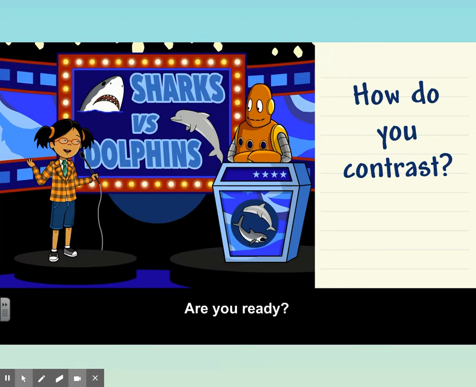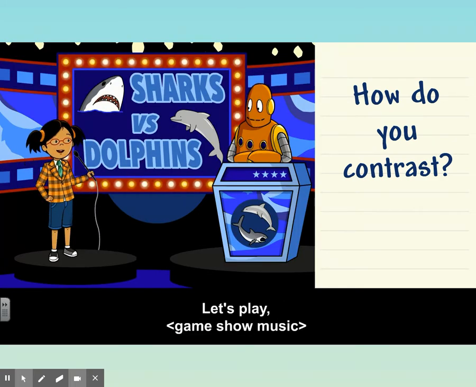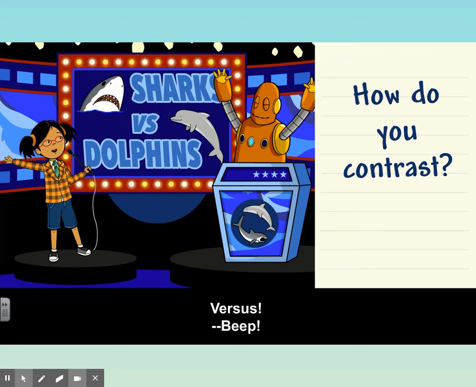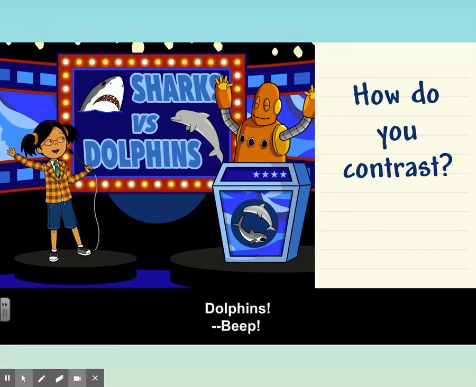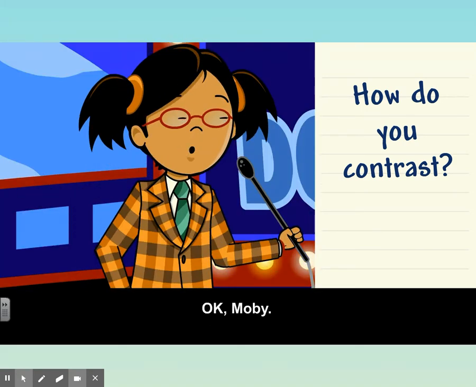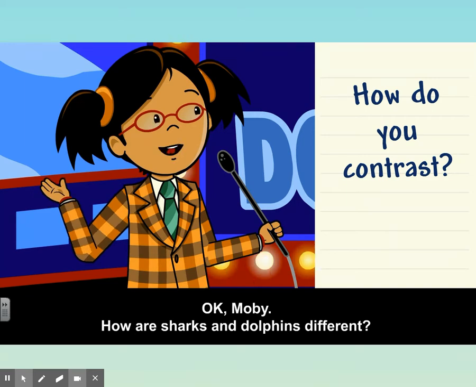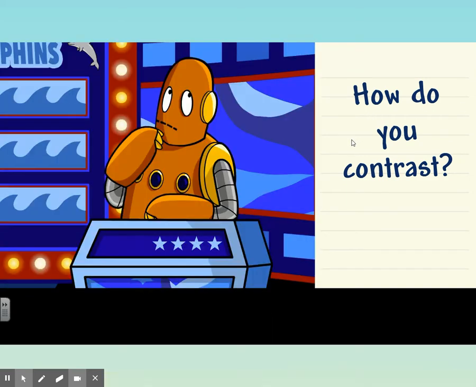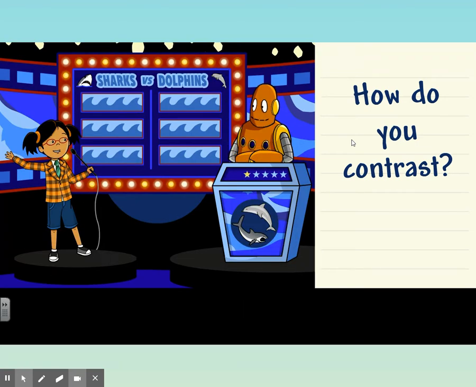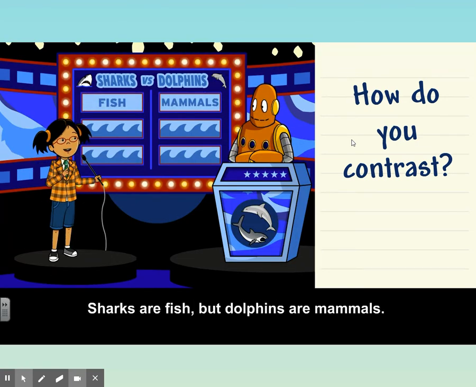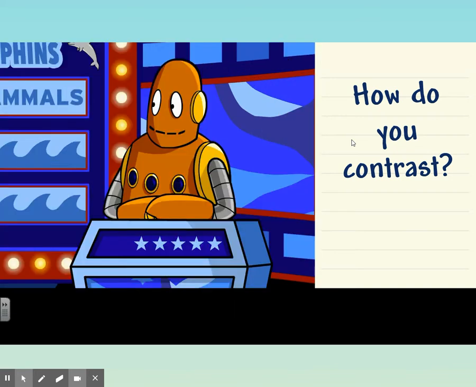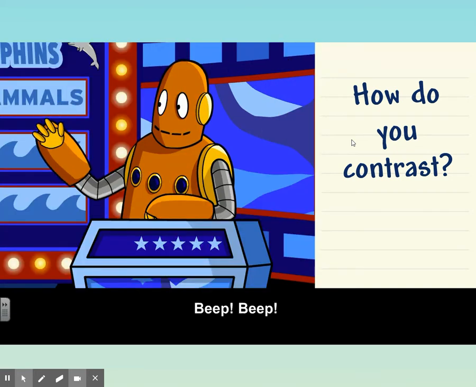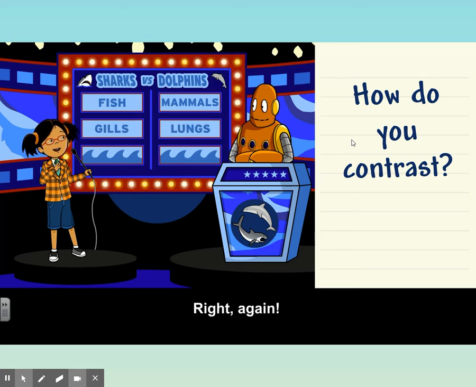Are you ready? Let's play Sharks versus Dolphins. Okay, Moby, how are sharks and dolphins different? Right, Moby. Sharks are fish, but dolphins are mammals. Right again.